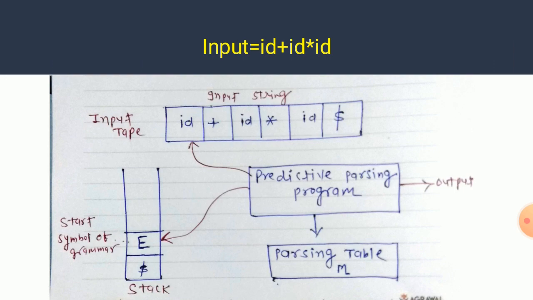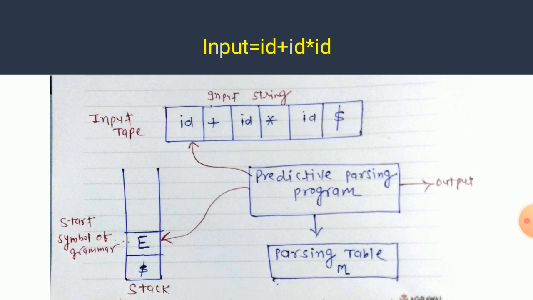So the input sentence given to us is id plus id star id, which is generated from our given grammar. We have seen here we used two data structures: the input buffer or input tape, and the stack. The input tape contains our given sentence, id plus id star id, followed by the end marker, which is dollar.